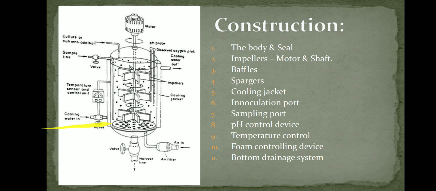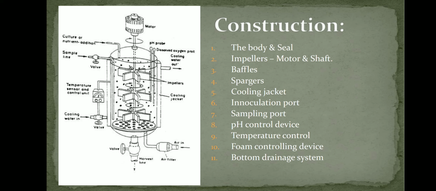So when cold water is passed through this cooling jacket, it will absorb all the heat present inside the fermenter tank. Therefore the cooling jacket helps in removing the heat that is produced inside the fermenter during the metabolism.